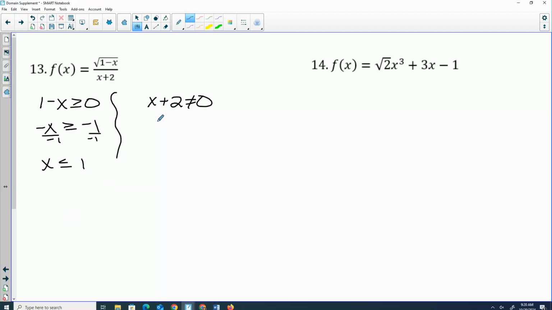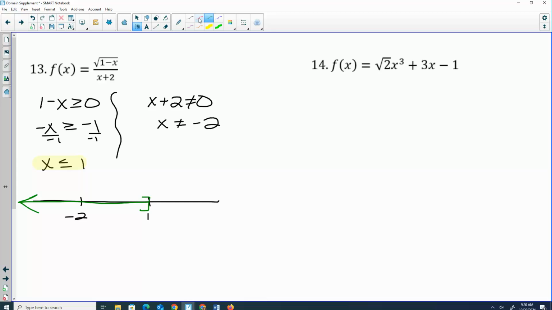Okay, over here, if I subtract my 2, I get x cannot be negative 2. Then I have to figure out what that looks like when I put them together. Less than or equal to 1 would be starting at my 1, going to the left.